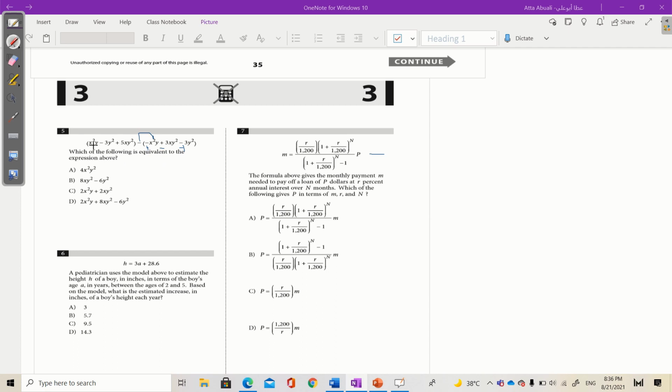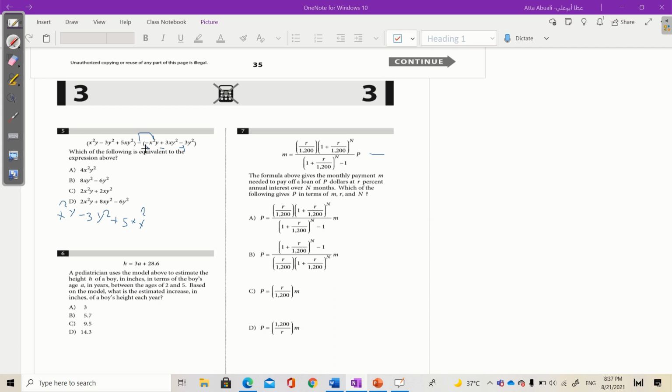So x^2y, and here it becomes x^2y. If I change it, it becomes like this: x^2y - 3y^2 + 5xy^2.